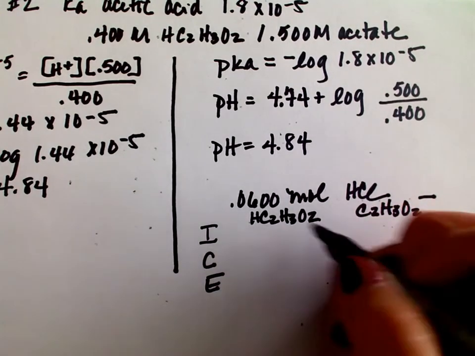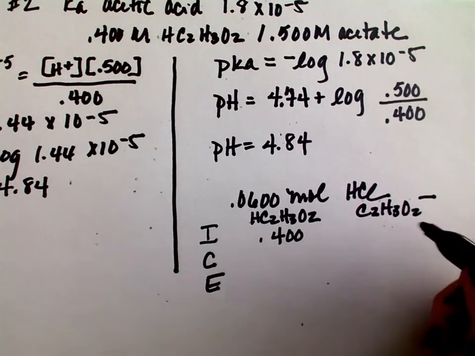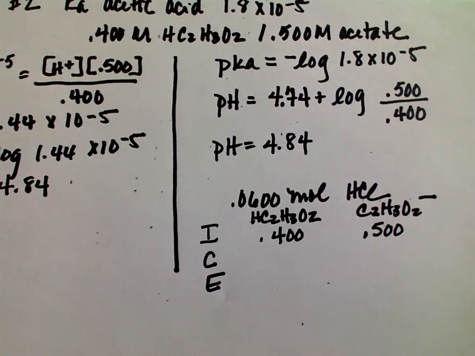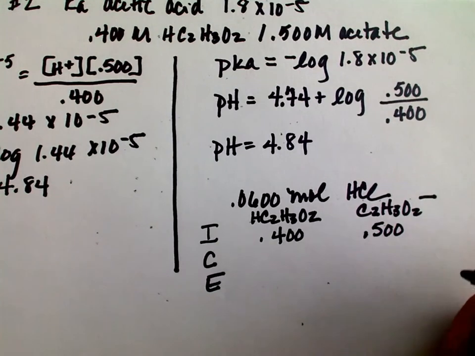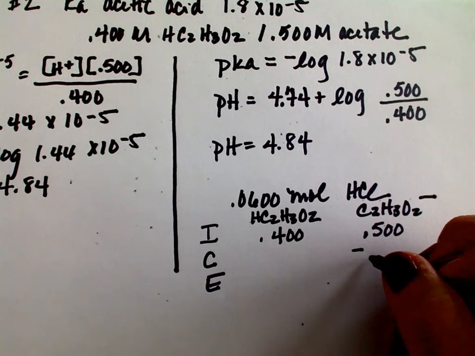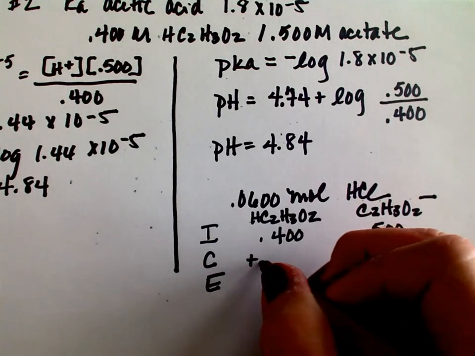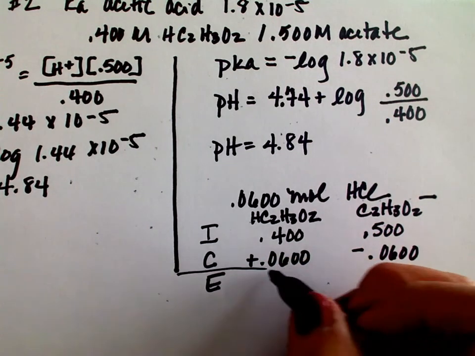So our original concentration of weak acid is 0.400 molar, and we have 0.500 molar, or moles, either way, of conjugate base. Again, the conjugate base is going to neutralize that hydrogen ion, so from that initial concentration, we're going to subtract 0.0600, and we'll make 0.0600 moles of weak acid.